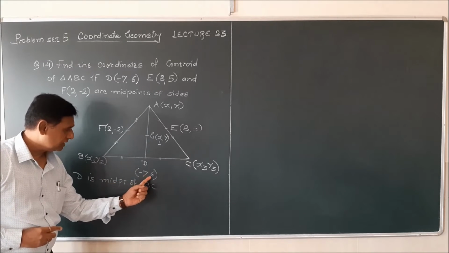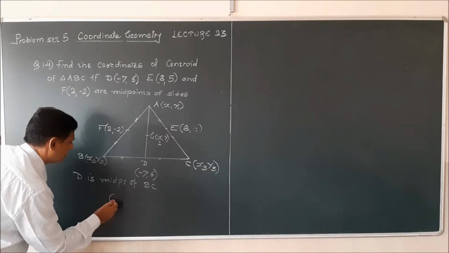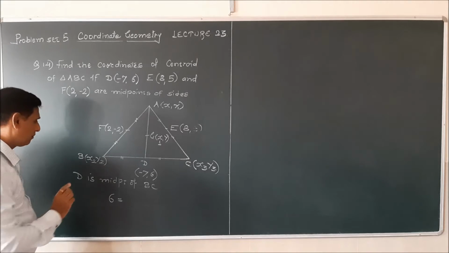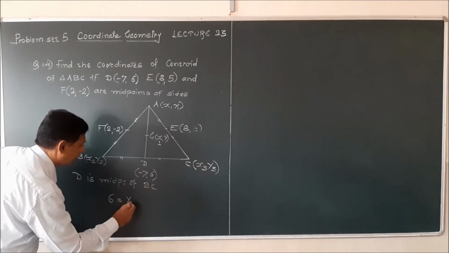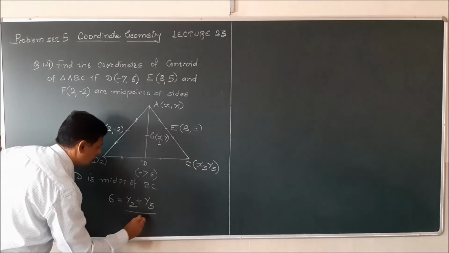What is the y coordinate? 6. So 6 is equal to y2 plus y3 upon 2.